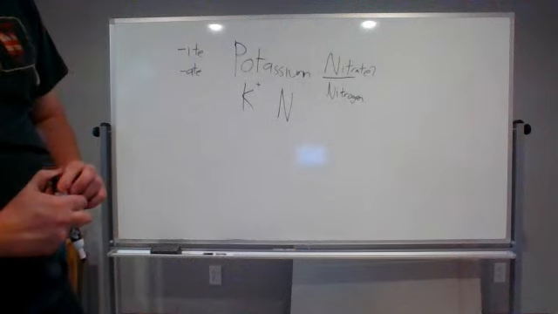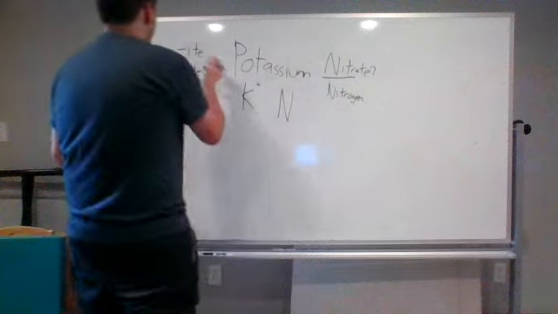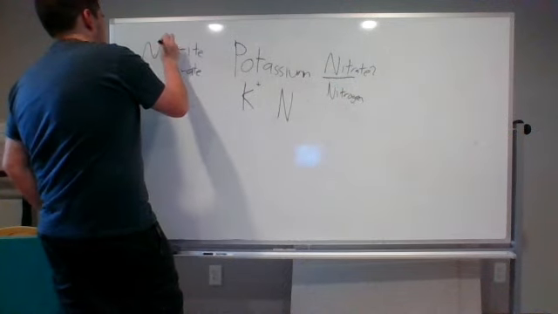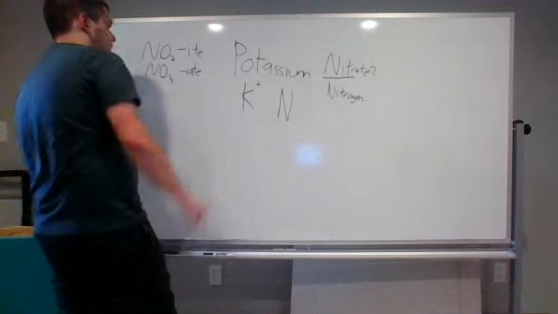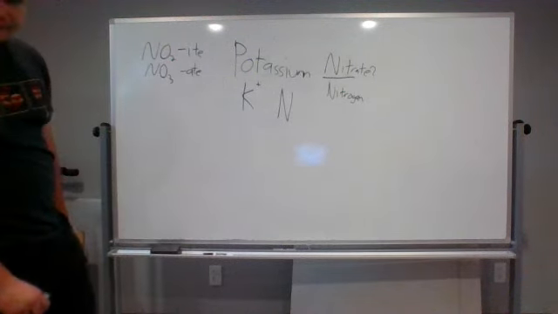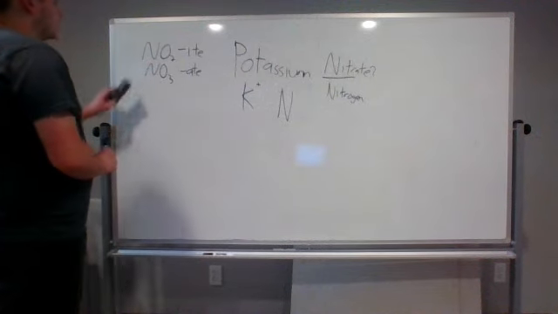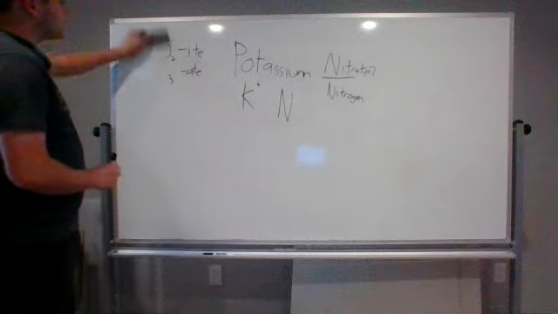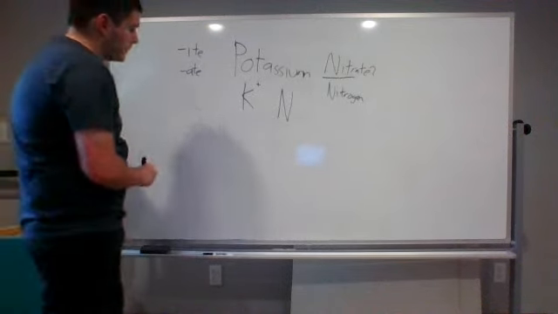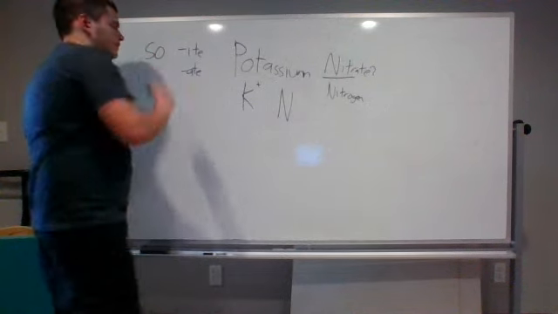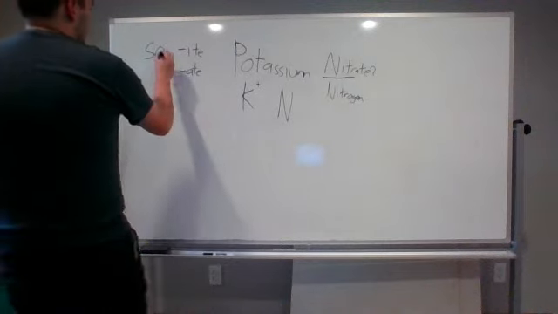So as an example, nitrite is NO2. Nitrate, NO3. Again, a lot of the stuff is just memorization. If instead we were working with sulfate, I do want to double check myself before I give wrong information.